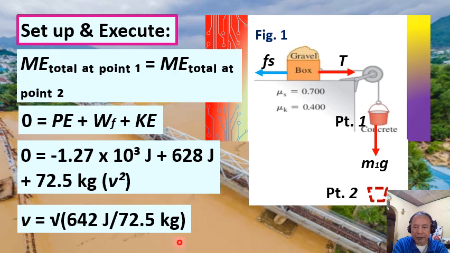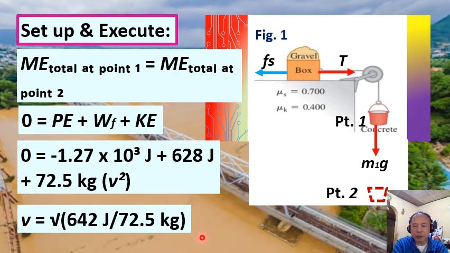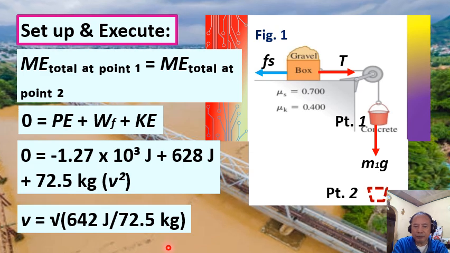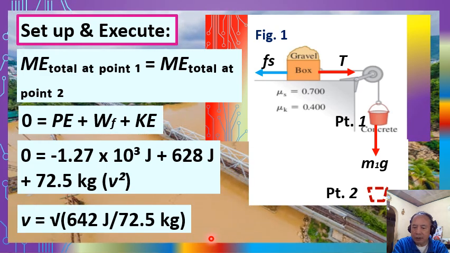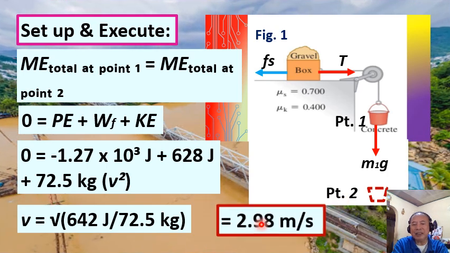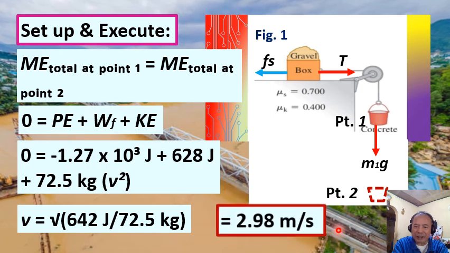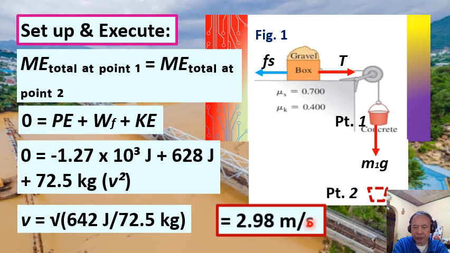So we finally arrive at the value of the speed of the system, v equal to 2.98 meters per second in 3 significant figures.